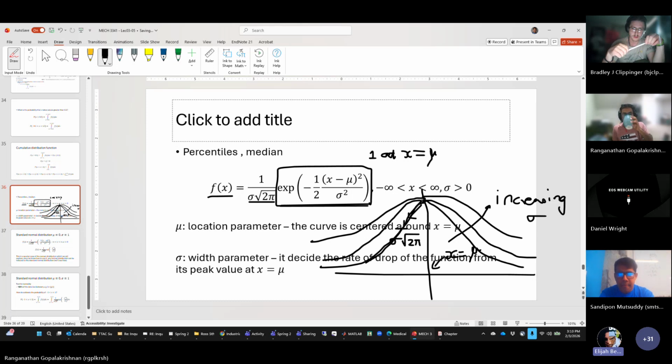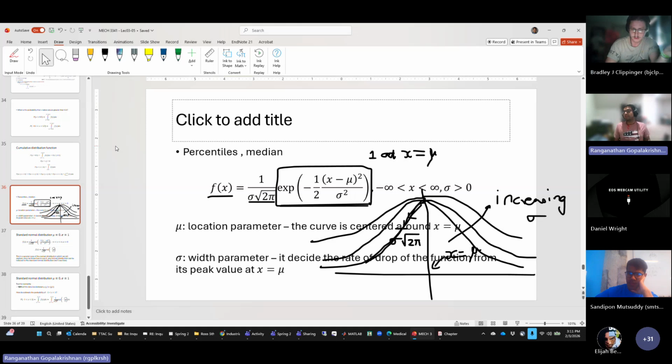Okay, I understand. So basically the max value is at x equals mu. Yep. Anything else will only be smaller. That is the highest probability. That's why it is called the mean. It's where it's most probable.